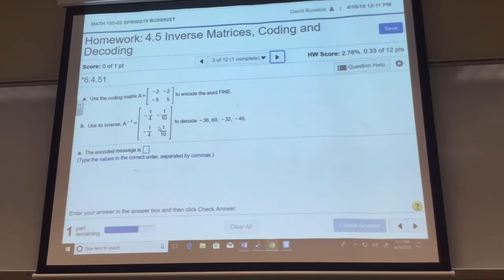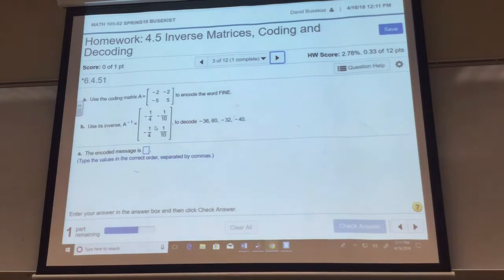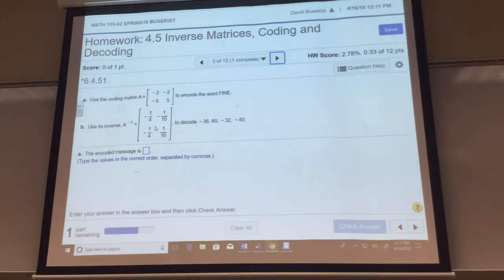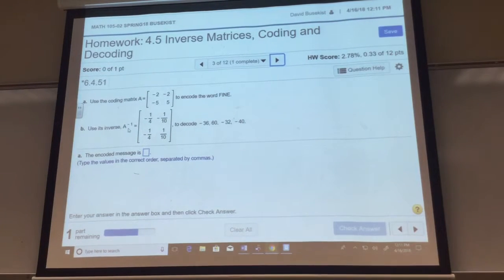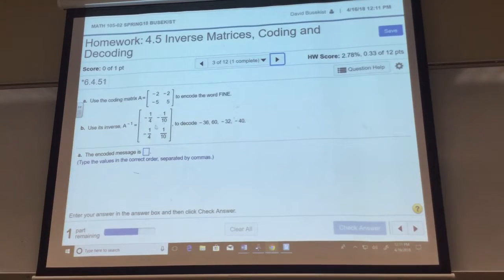So they gave it to you because I don't want you doing this thing by hand with a bunch of fractions in there. That's cruel and unusual punishment. So that gives you both a code and decode, and you don't need to put this in. They told you that's A's inverse right there. So you already got A's inverse. Well, use this instead of redefining the matrix.